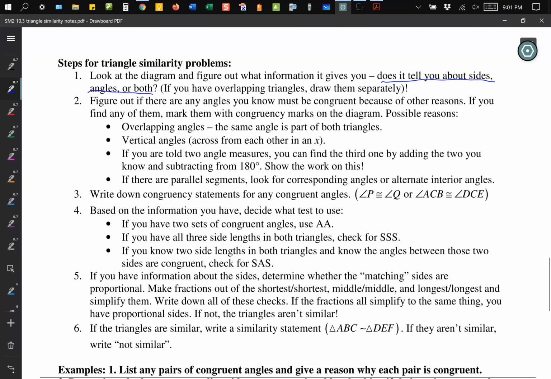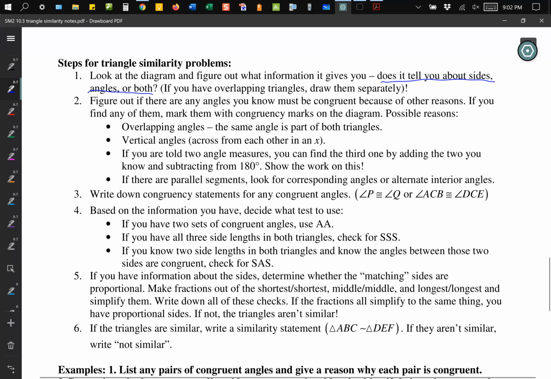Are all the things that are labeled sides, or are all the things that are labeled angles? Does it tell you about both sides and angles? And if you've got those overlapping triangles, draw them separately. Now, you may have some angles that you know are congruent that are not marked on the diagram. So you want to figure out if you've got any of those.